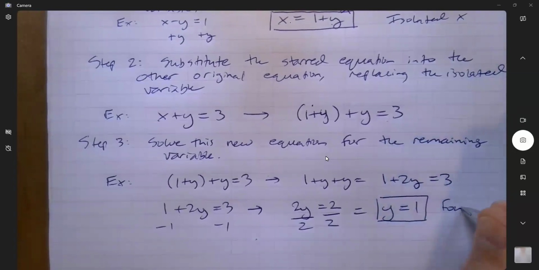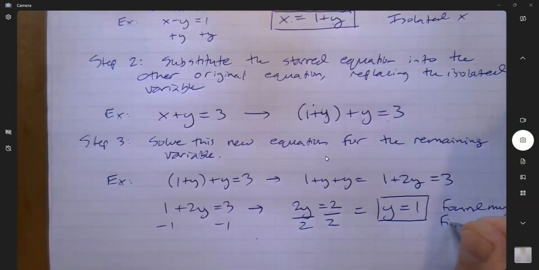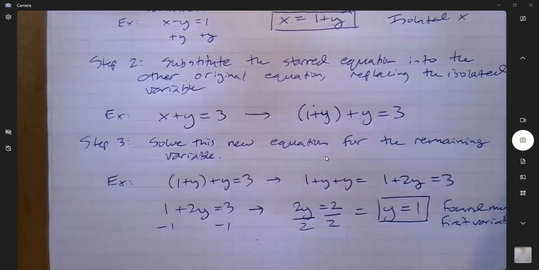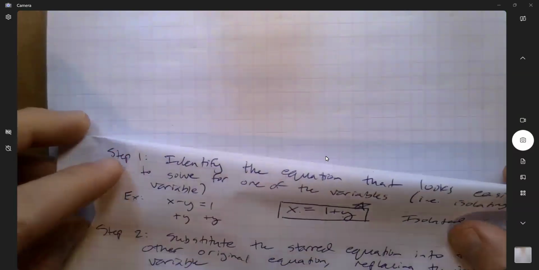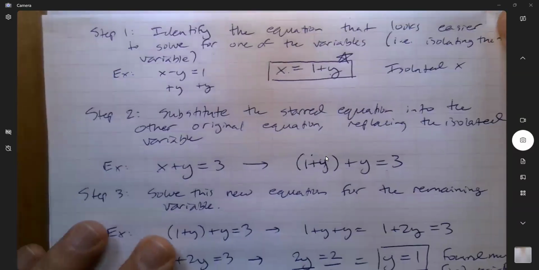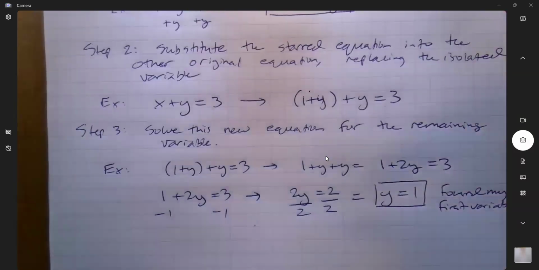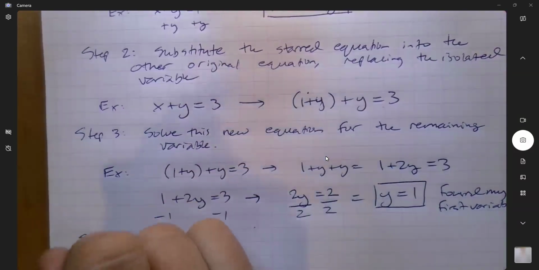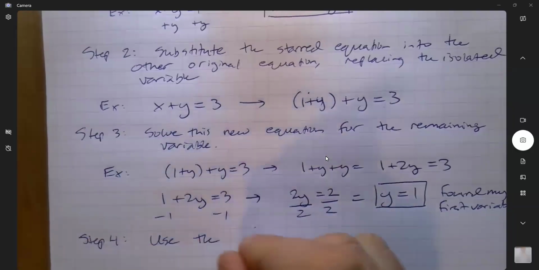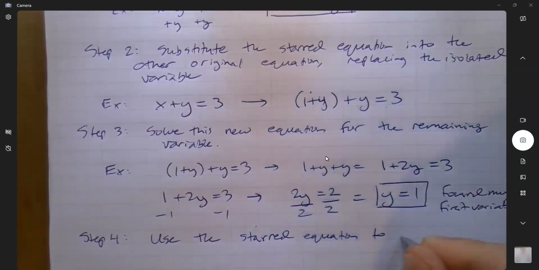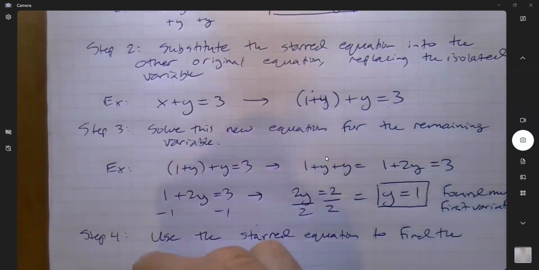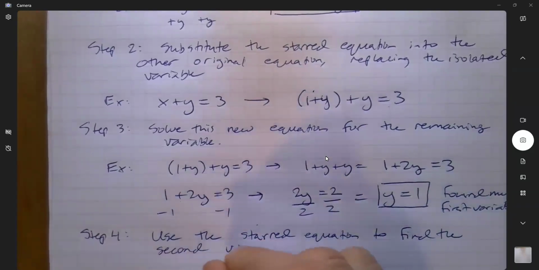And now I have found my first variable. I have a number. I know that in my solution, y has to equal 1. And the last step is to return to the starred equation to find out the missing variable. Step 4, use the starred equation to find the second or the missing variable.